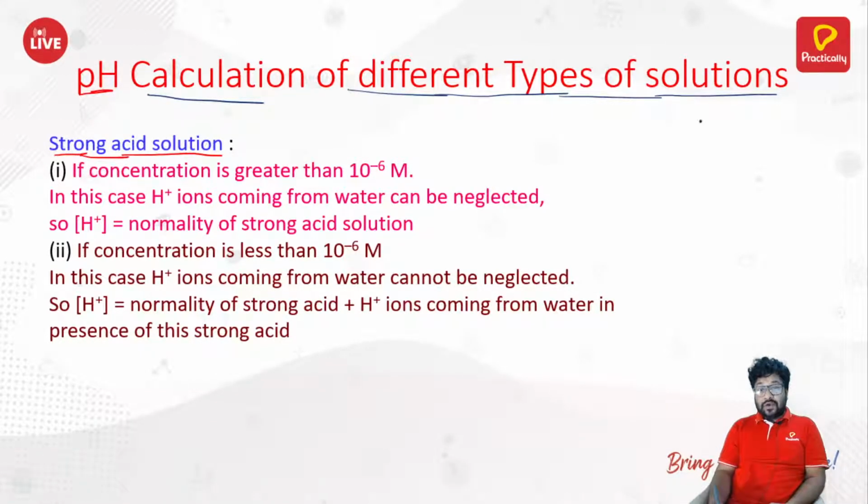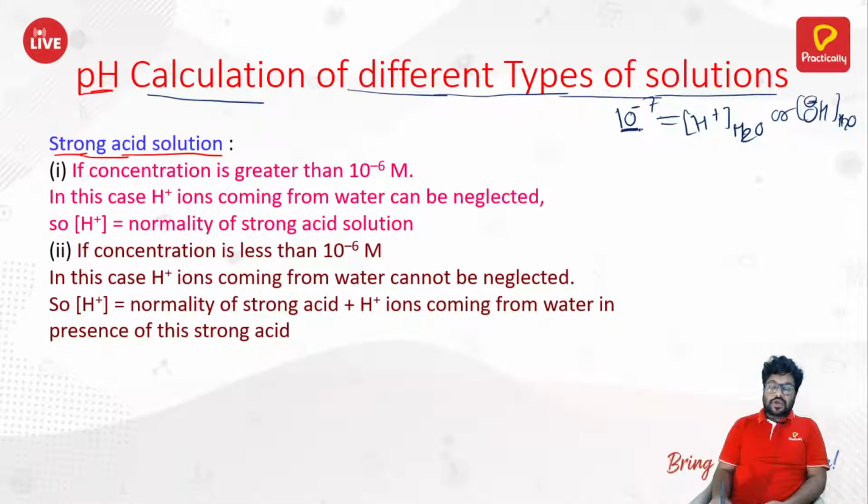The H plus ion or OH minus ion which comes from water has a concentration roughly equal to 10 raised to minus 7. So whatever concentration you have for your acid, it will surely be higher than this.